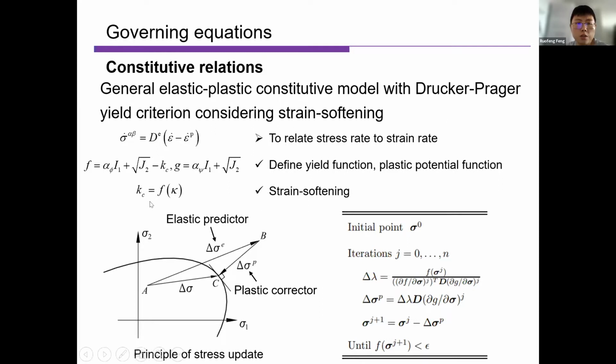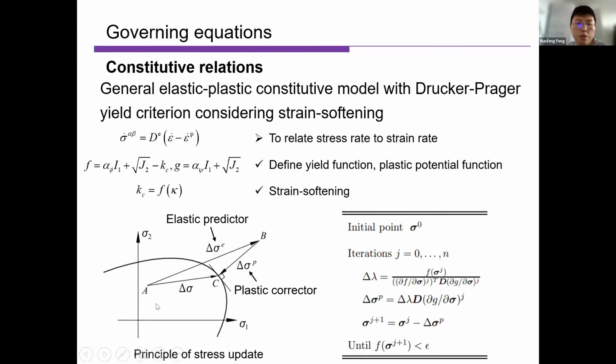So there is a strength parameter related to the plastic strain. When it comes to large deformation, the strength parameter will reduce in order to capture the strain softening. To update the stress, we have a procedure which we call elastic predictor and plastic corrector.